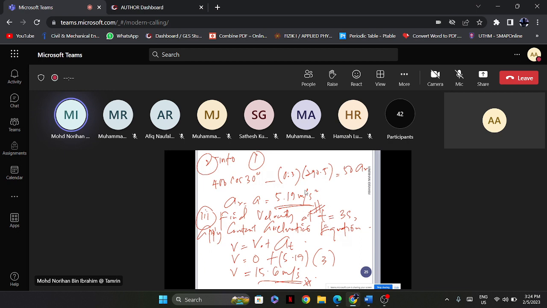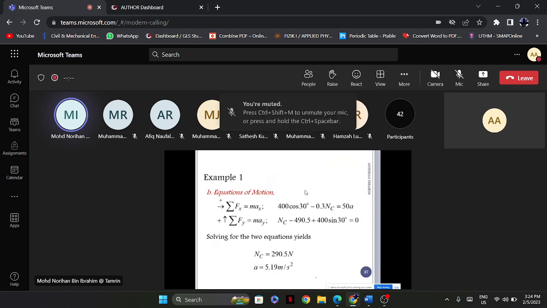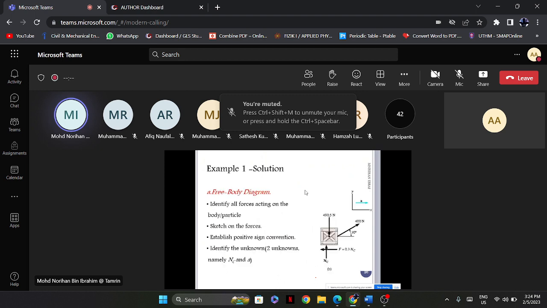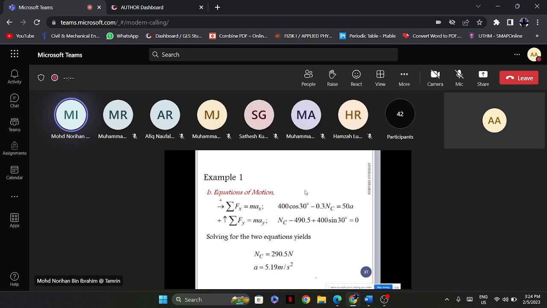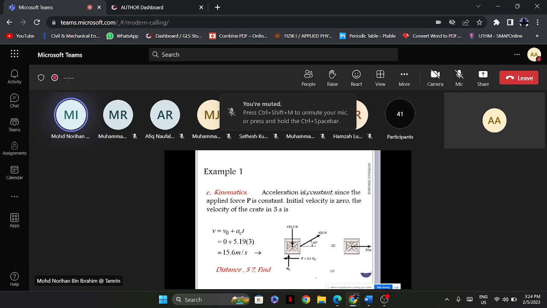Okay, I want you to try. Here is the example of the method of solution as well, and refer to this one as well. So we need to apply this. The first step is we need to draw the free body diagram, and then we apply the equations of motion, which is sum of F is equal to m a. And the third one is we need to apply the kinematic equations of motion, in order to obtain the velocity of this crate at 3 seconds.